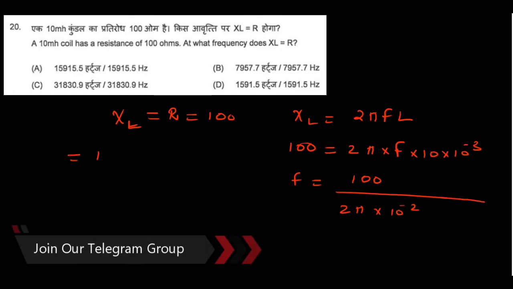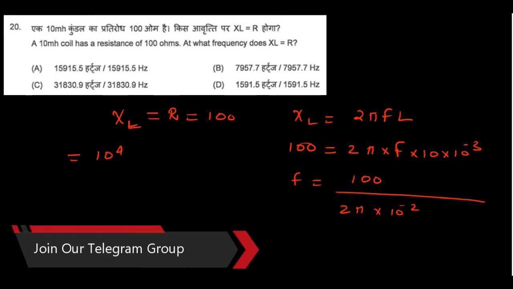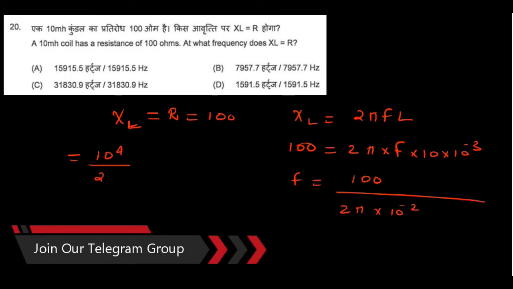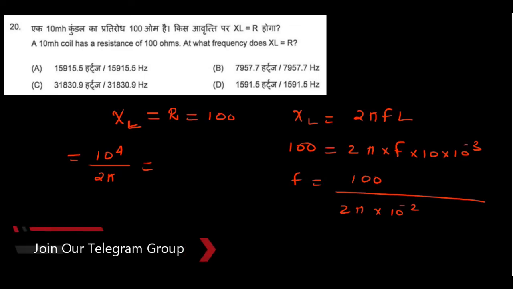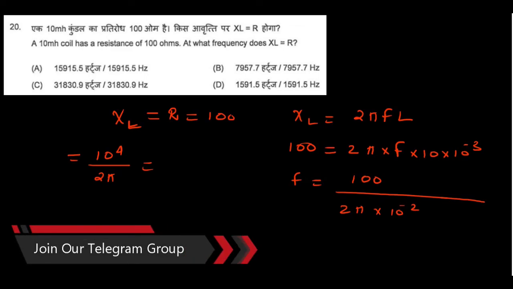So it becomes 10 to the power 4 upon 2 pi. How has it come? Once this 10 to the power minus 2 goes up, it is 10 to the power 2. The 100 also we can write as 10 to the power 2. So it is 10 to the power 4.